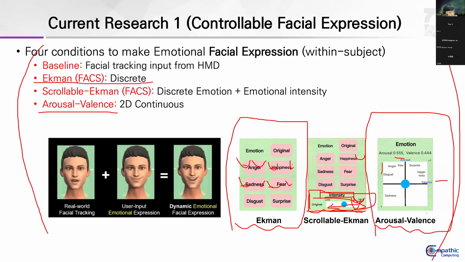We create this 2D scroll panel, and if a user presses or clicks or just positions this pointer on any point of the 2D panel, then the virtual avatar expresses the pointed emotional expression.